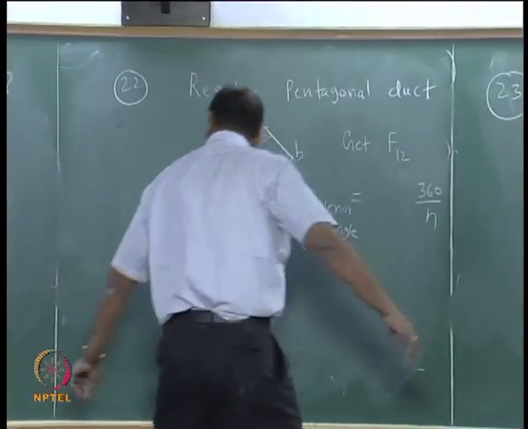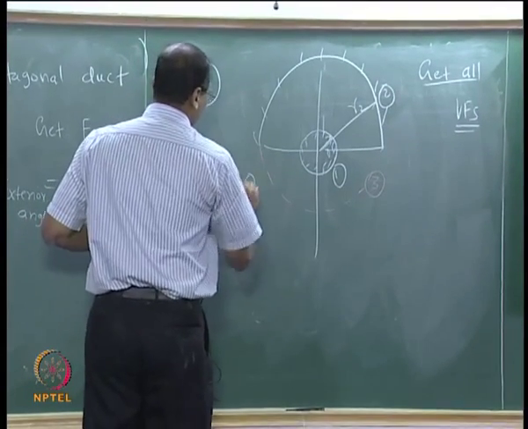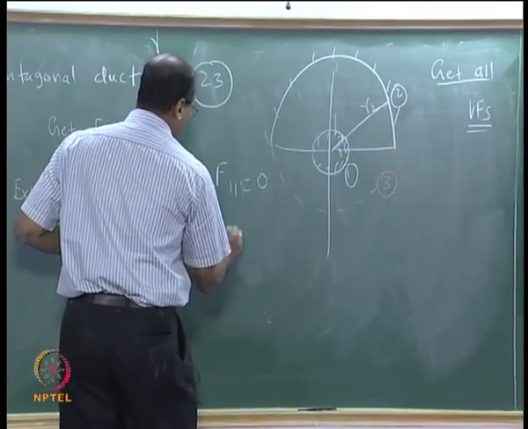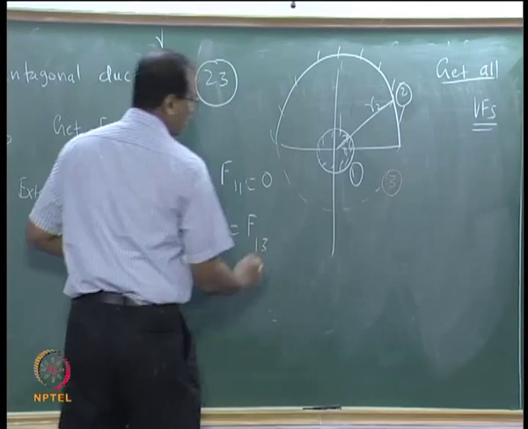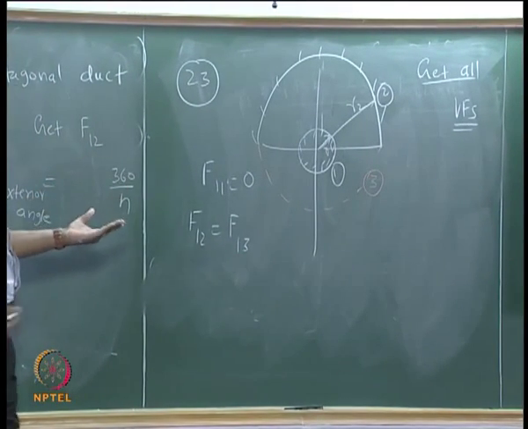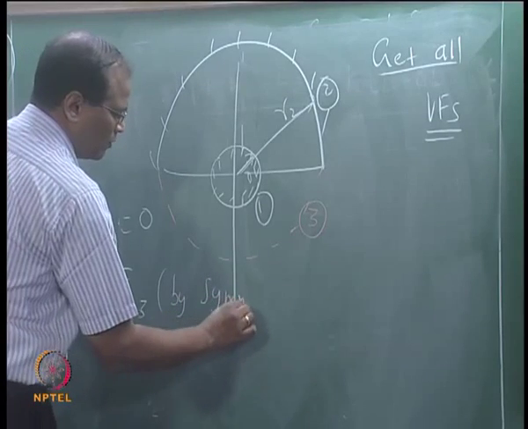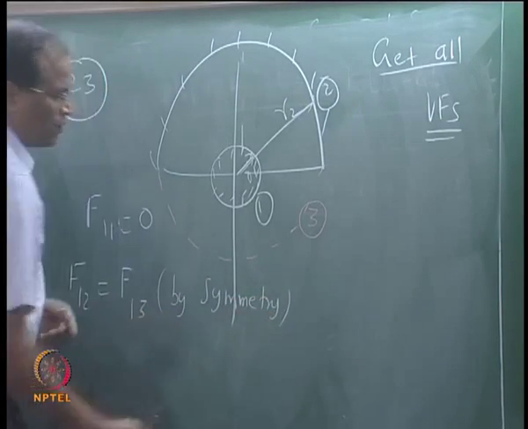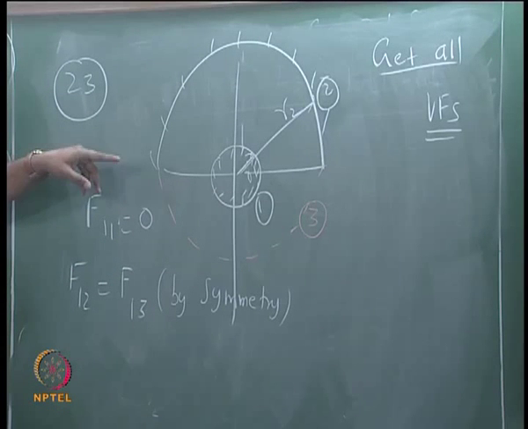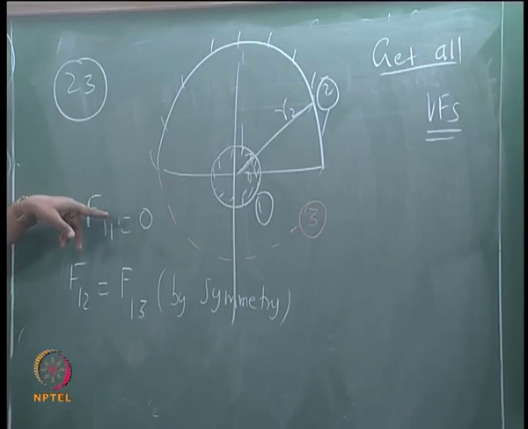So F12 equal to F13, why? By symmetry, correct? It has no special preference, okay. Are you getting the point?